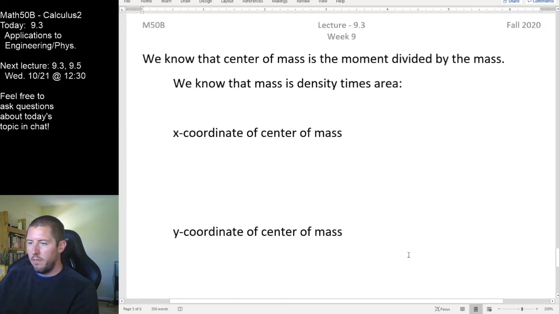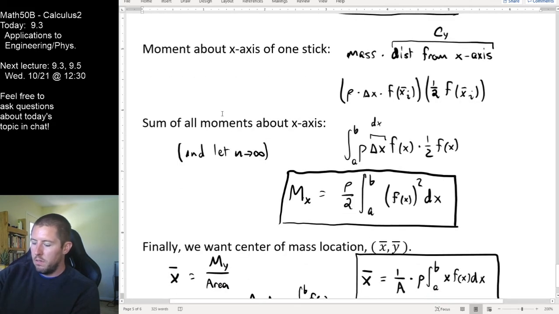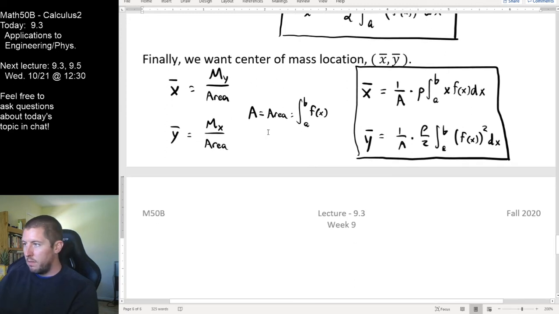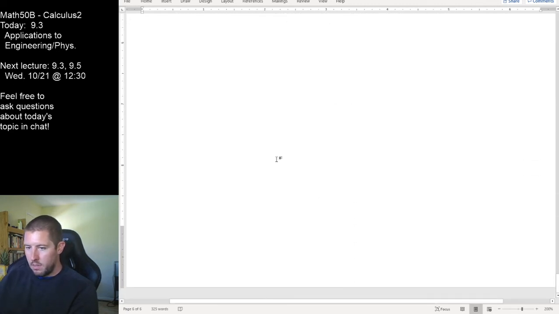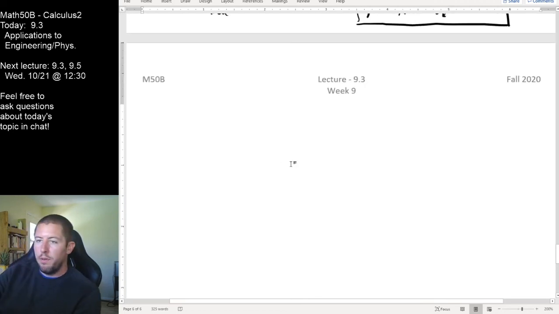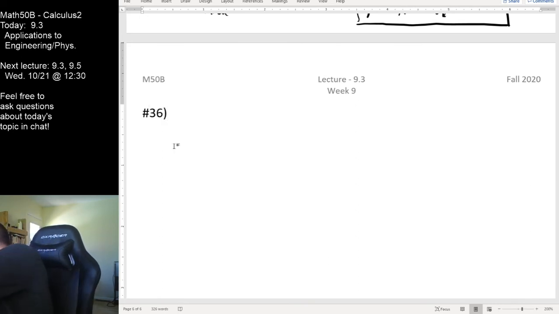Okay, whatever. I got ahead of myself. That's fine. Did I not, what? Seriously, did I? Okay, I thought I typed that up. That's okay. We are going to find the center of mass of this object from number 36. I think it's 36. Is it 36?